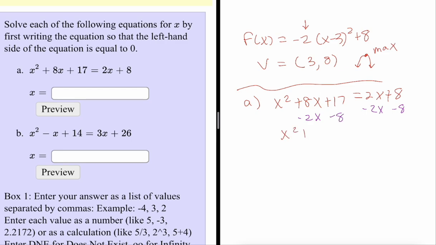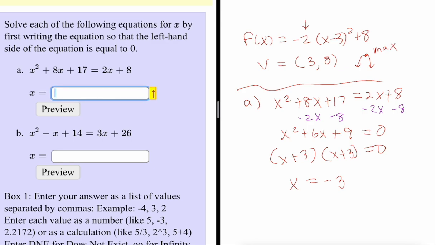We get x squared plus 6x plus 9 equals 0. So that is factorable. That's what you should always check. If it's not factorable, jump into the quadratic formula. So that factors to be (x plus 3)(x plus 3). They both give us a value of negative 3. Okay.